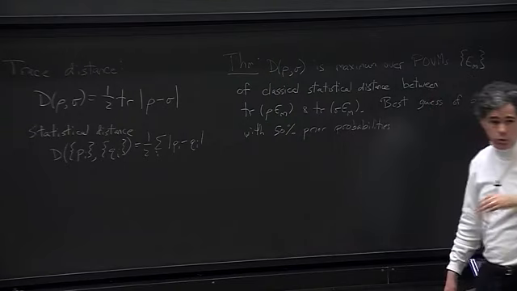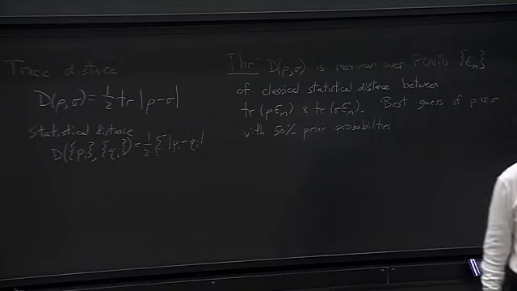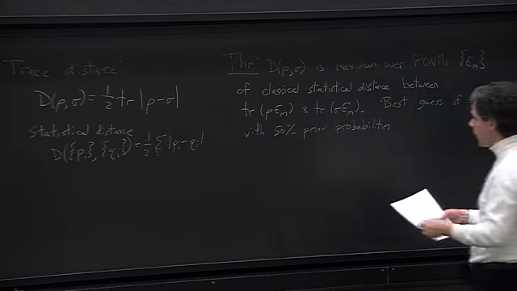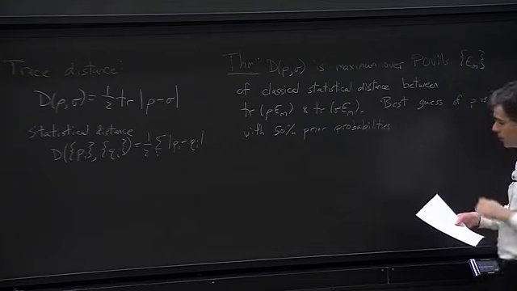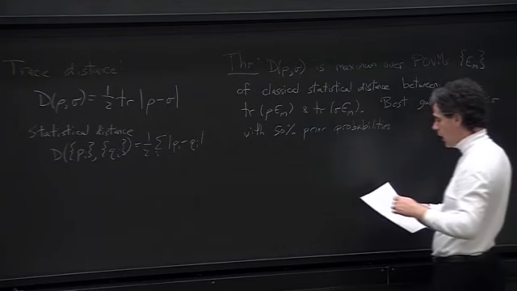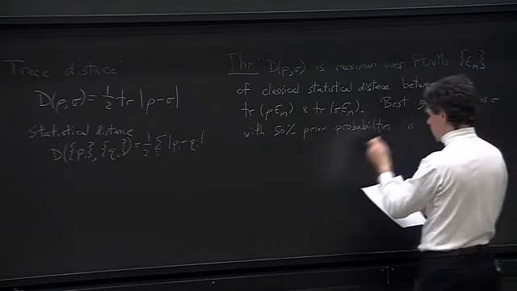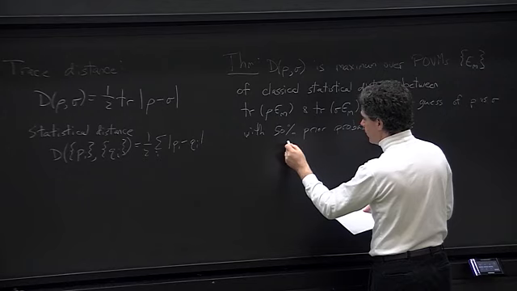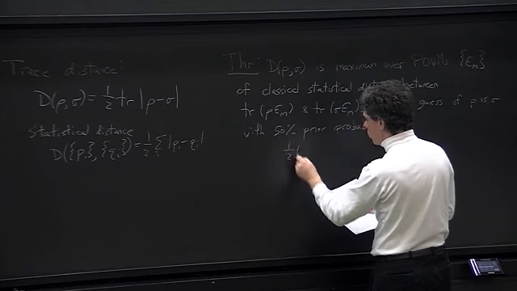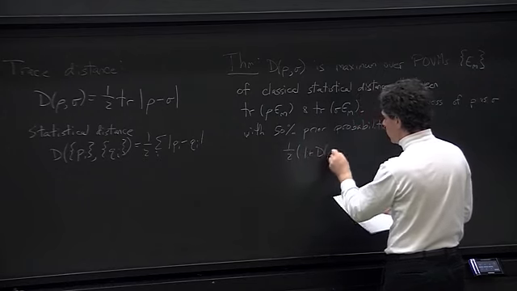So somebody gives you rho with probability 1/2 and gives you sigma with probability 1/2. Your goal is to guess which one it is. And that probability will be given by doing this best POVM. And then your probability of getting it correct is 1/2 (1 plus d of rho, sigma).